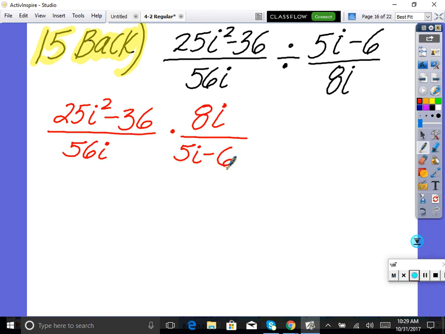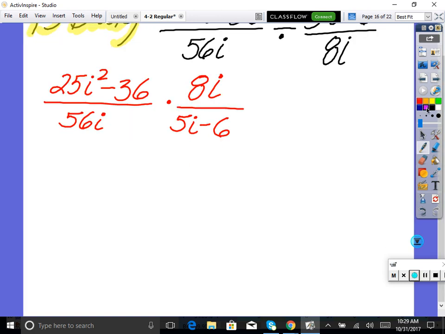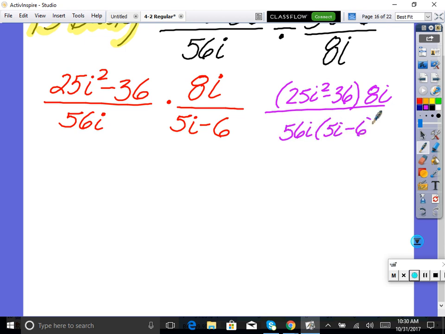So let's multiply straight across. We have 25i squared minus 36 times 8i, and on bottom we have 56i times 5i minus 6. Now we've got to factor each piece and divide out exact factors. We'll multiply to be a times c, I think that's negative 900, and adds up to be 0.